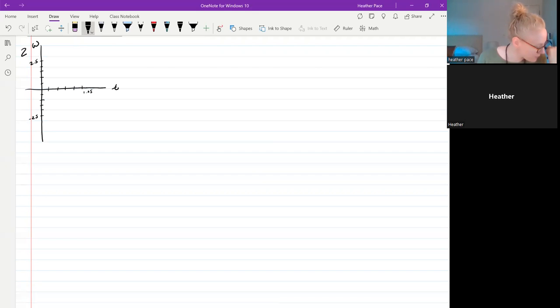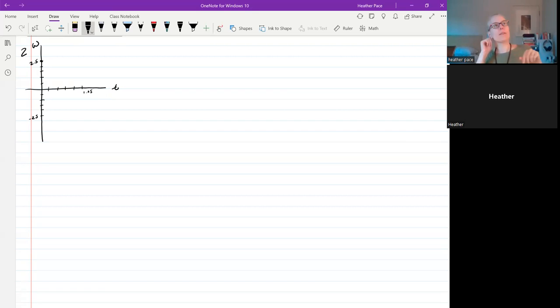All right, so we're assuming constant angular acceleration. And we are starting with 2.5 radians per second. So we are going to start here. And if we have a constant angular acceleration, so how can I word this?